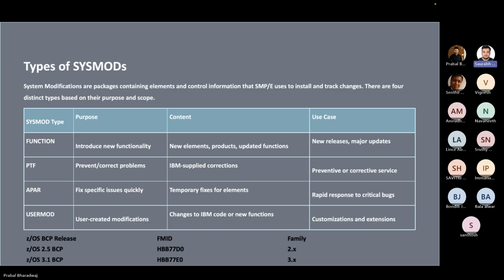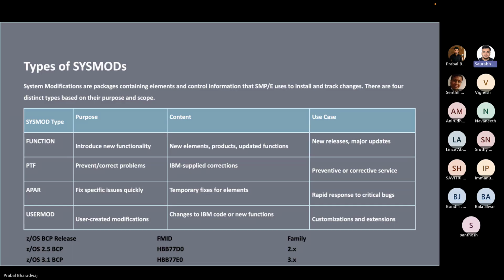But if Savitri is facing some problem in one of the mainframe tools she is using, she will go to IBM and ask for a PTF. If a PTF is released for that particular problem, she will apply it, and then that problem is gone permanently. Problems here means bug fixes, yes. But if Savitri needs new improvements, enhancements, new features, or new security updates, that will also go through a PTF.